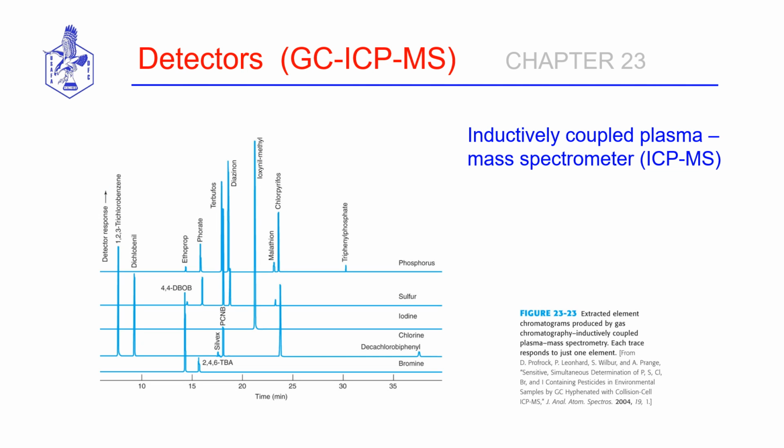And last but not least, we can also interface our gas chromatograph with an ICP mass spectrometer. So once again, incredibly powerful because once we've carried out the sample separation, now the ICP is able to decipher based upon elemental analysis which components are present.